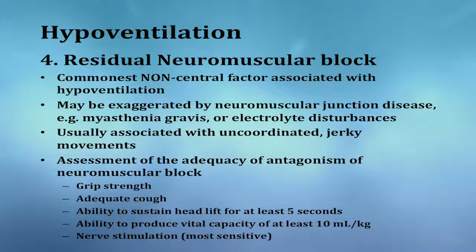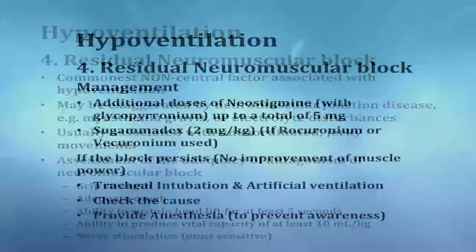It's very important to assess the adequacy of antagonism of neuromuscular block, and this can be assessed by the grip strength, adequate cough, ability to sustain head lift for at least 5 seconds, ability to produce vital capacity of at least 10 ml per kilogram, or by nerve stimulation, which is the most sensitive technique.